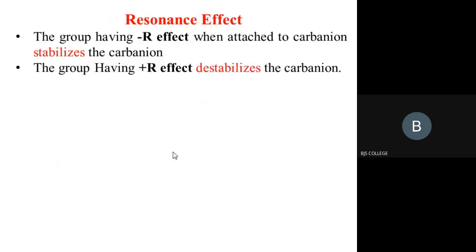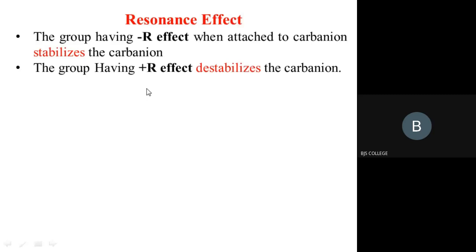Then another factor comes, that is resonance. Again, we know that resonance is also of two types, that is minus R and plus R. Exactly the same thing happens as with the inductive effect: plus R will destabilize the carbanion and the carbanion will become unstable. But if you have a minus R effect in the ion, then that ion will be highly stable.